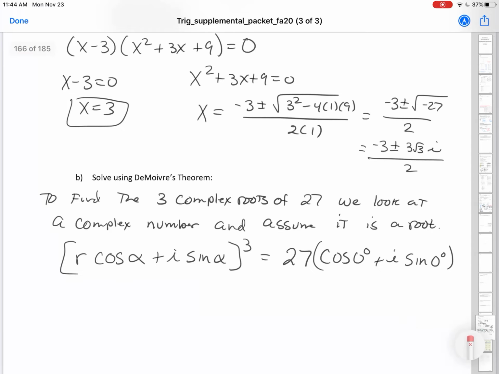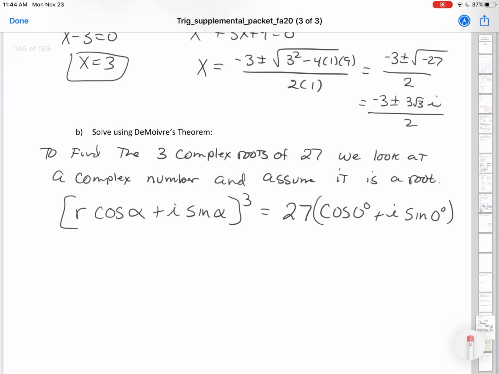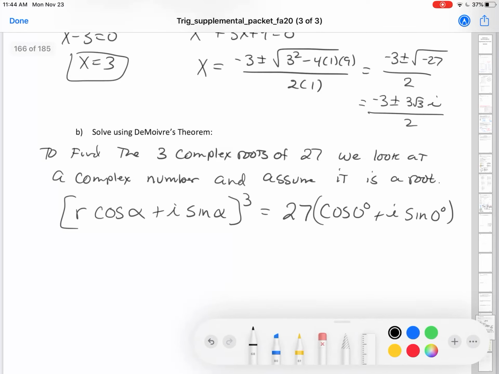And let me get an eraser in here. So let's use de Moivre's theorem. This is essentially going to prove something that's going to come up on the next page, which is the complex root theorem. So you know de Moivre's theorem.